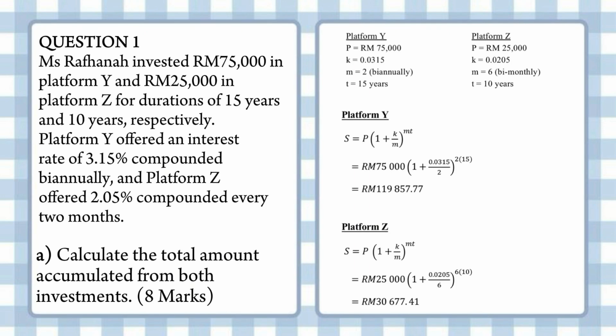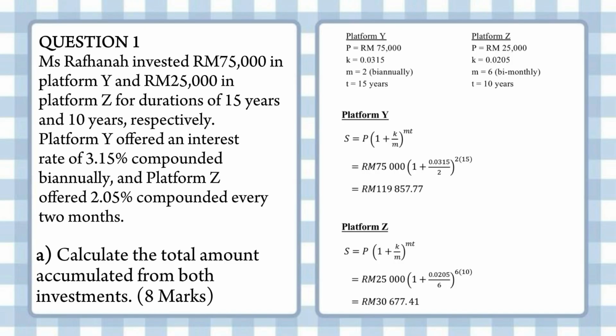After we got the information from the situation, we need to identify what kind of formula we should use. Based on this, the formula we use is S equal P bracket 1 plus K over M bracket to the power MT. Then we insert the information into the formula.